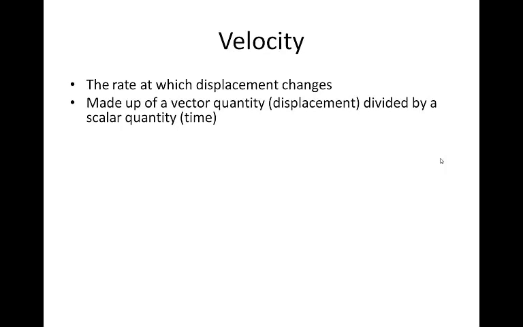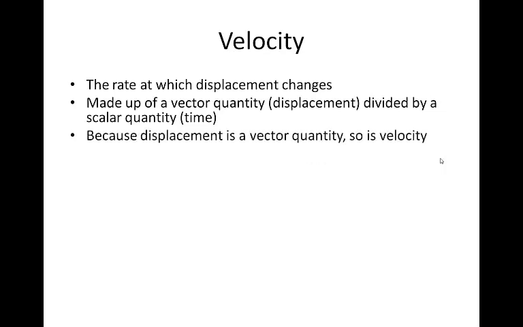The next one is velocity, and velocity is the rate at which displacement changes. Now remember, velocity is a vector quantity dealing with displacement divided by a scalar quantity time. Since displacement is a vector quantity, velocity is a vector quantity. Now you can't always see velocity as speed with some kind of a direction, because it doesn't always work that way.